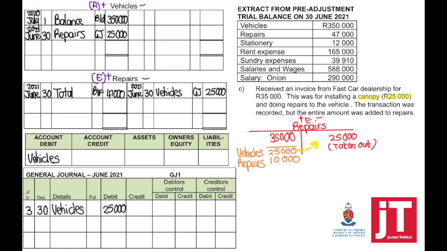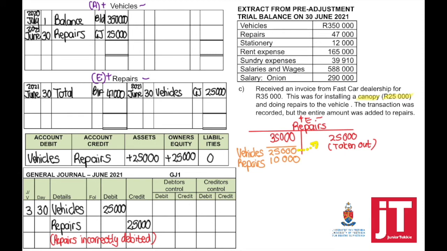To show it on the accounting equation and the general journal, account debited, vehicles with 25,000, account credited, repairs with 25,000. Effect on the accounting equation, assets plus, because my expense decreased, it will have a positive effect on the owner's equity.